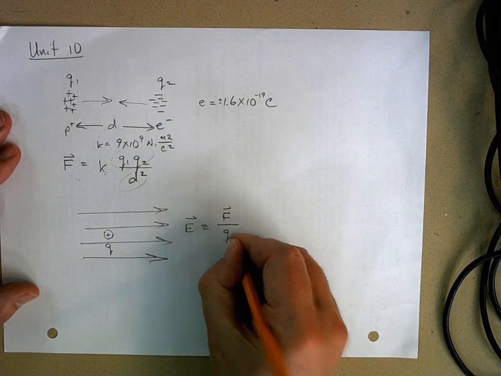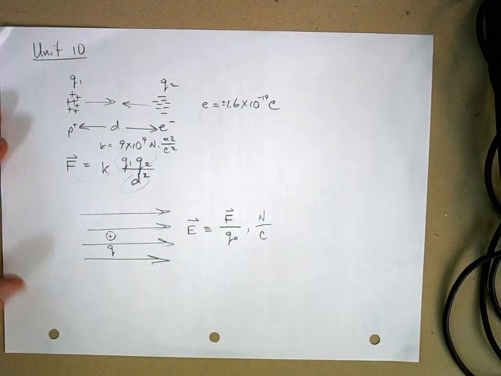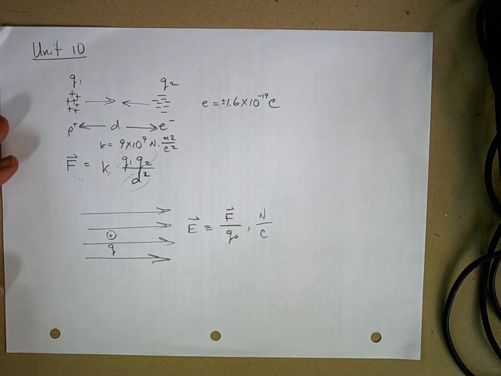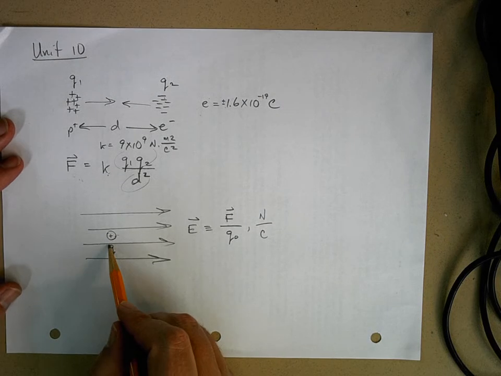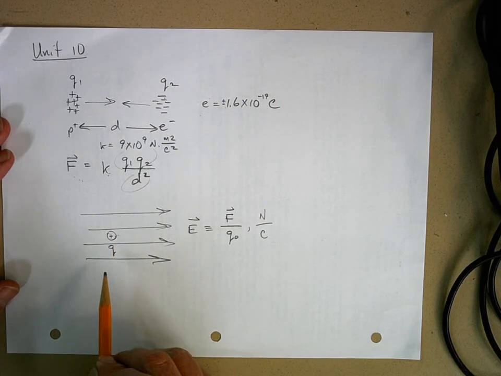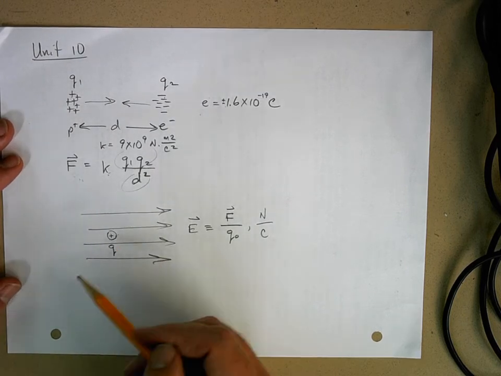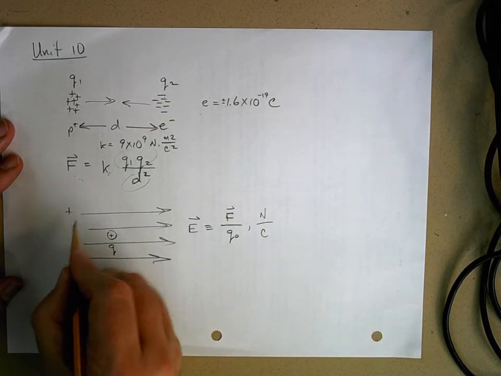Here you get newtons per coulomb as the units. That's what the electric field is. If I put a charged object in space, and it feels a force because of its charge, therefore it is in an electric field. Now what causes an electric field? Separated charges.